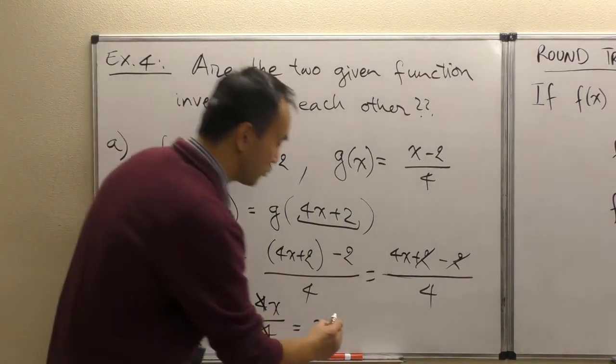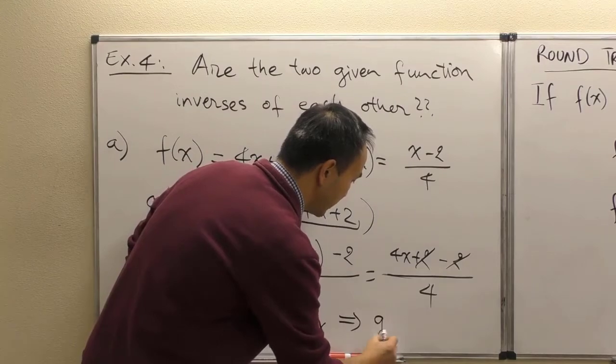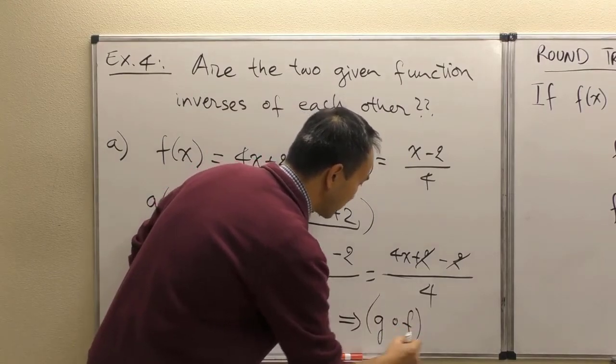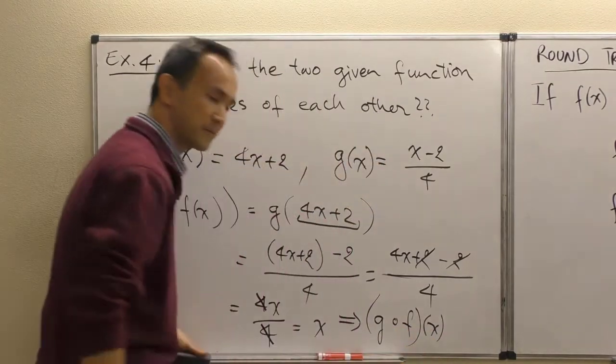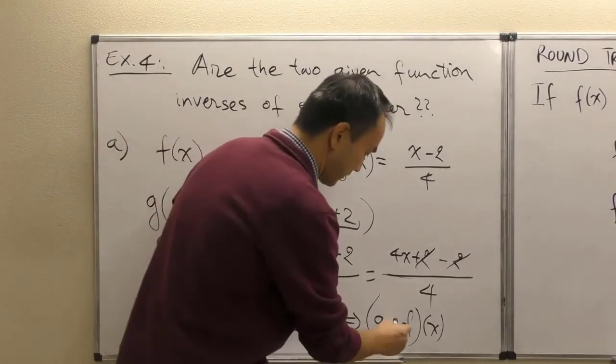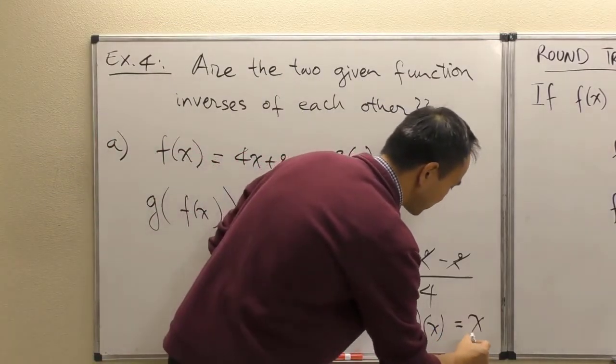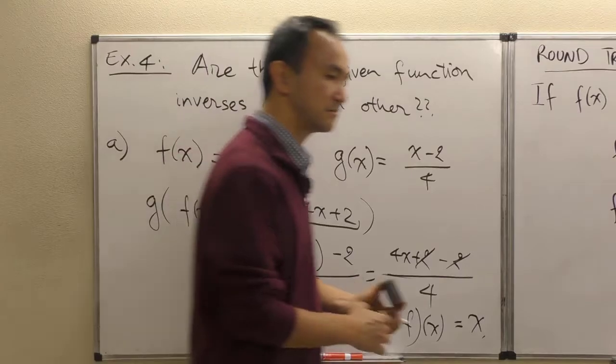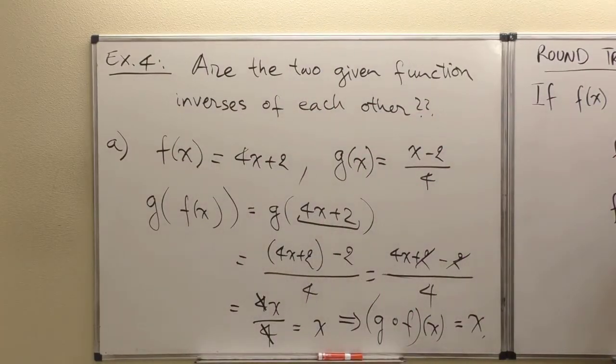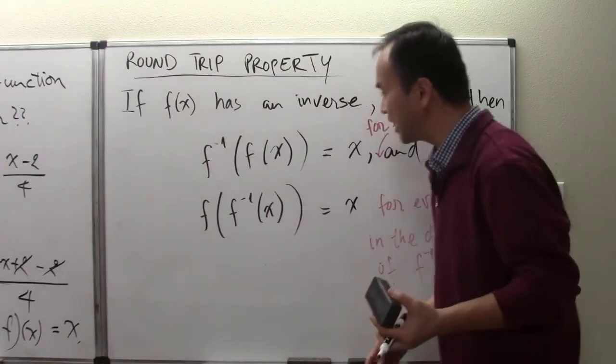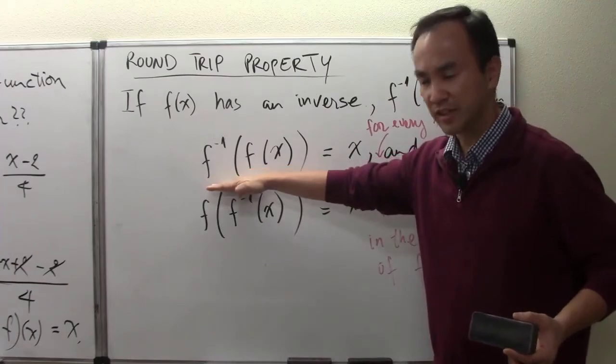So the conclusion here, using the friendly function composition symbol, is G of f of x equals x. So that's satisfied.